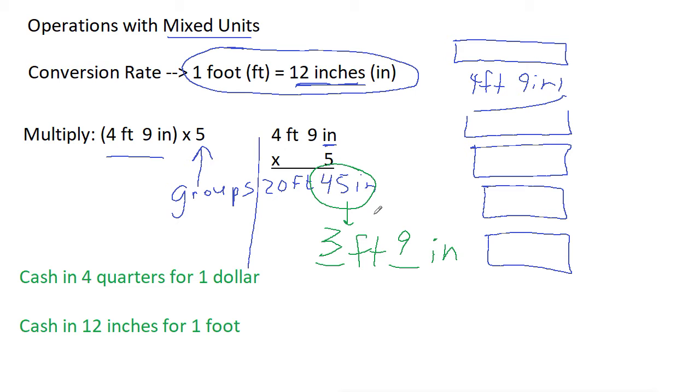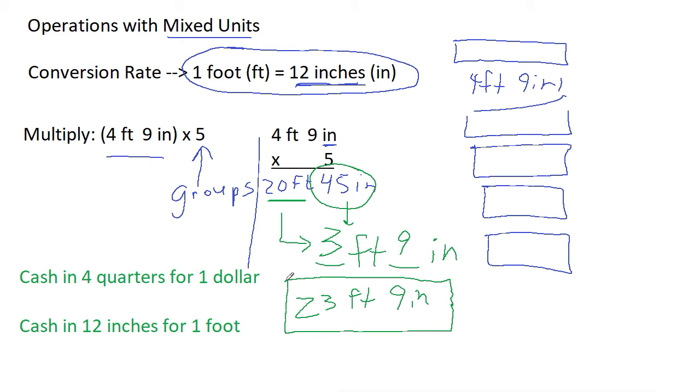So that's what the 45 inches is. I can exchange those. They're the same. So now I can take the 20 feet and I can add that with the 3 feet, and so that'll put me up to 23 feet. And then I'll still have those 9 inches left over. So that'll be my final answer here for this multiplication problem.